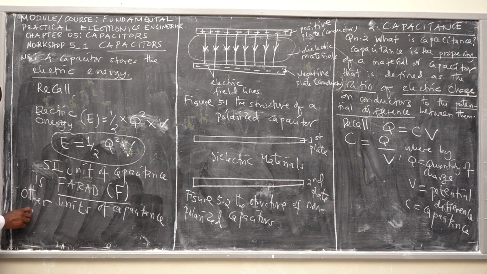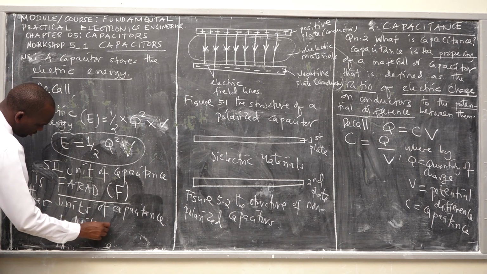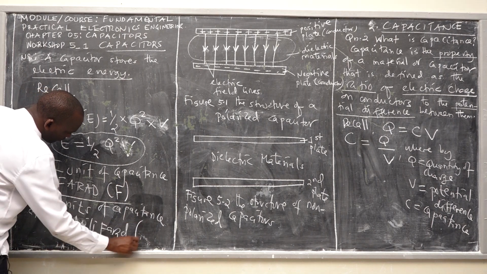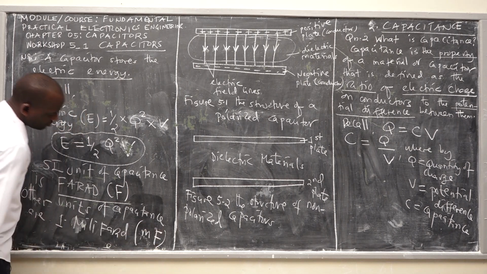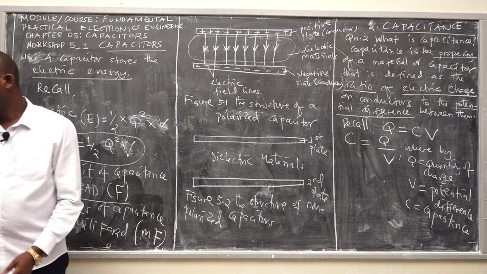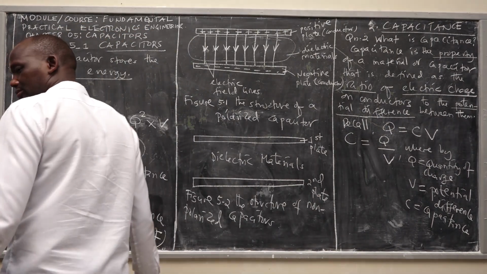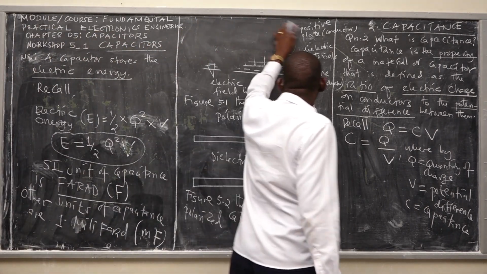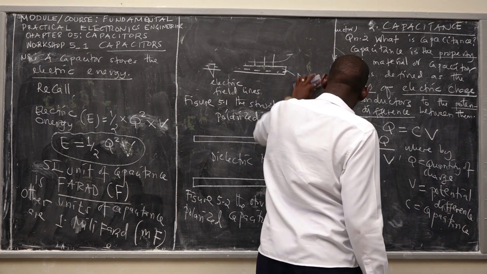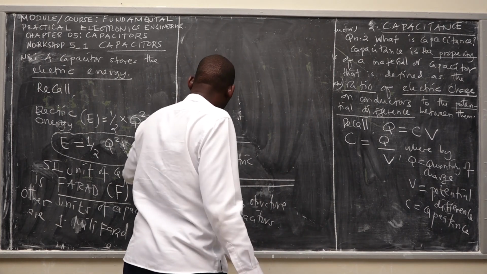Other units of capacitance: the first one is millifarad. Say millifarad. Remember that most capacitors are manufactured in terms of microfarad, nanofarad, and picofarad, except supercapacitors.